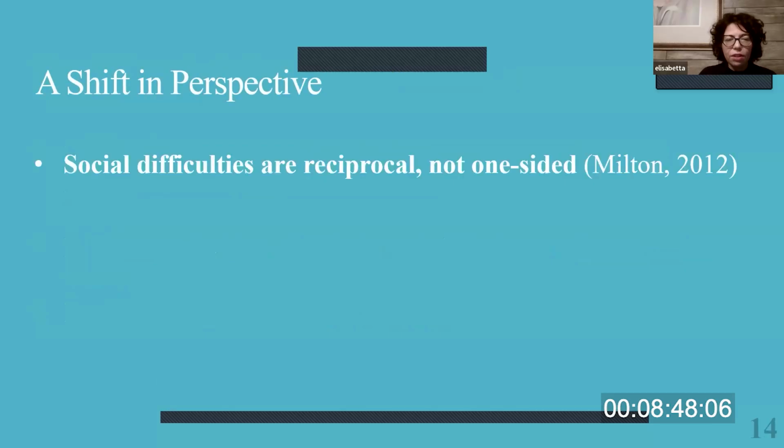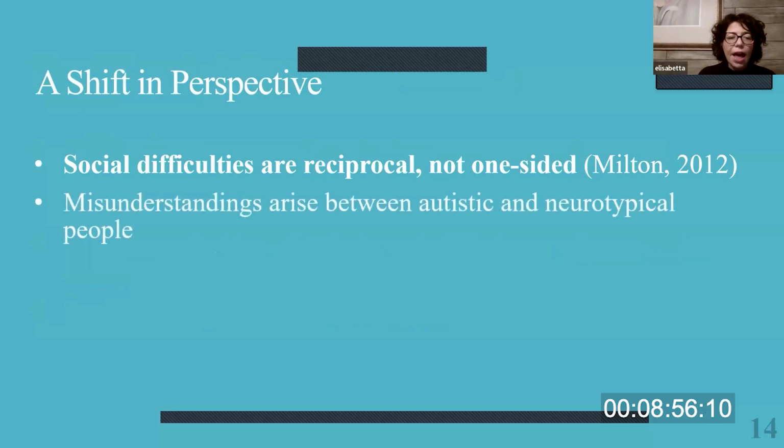So this means that social difficulties are now considered reciprocal, not one-sided. And this means that misunderstandings arise between autistic and neurotypical people.